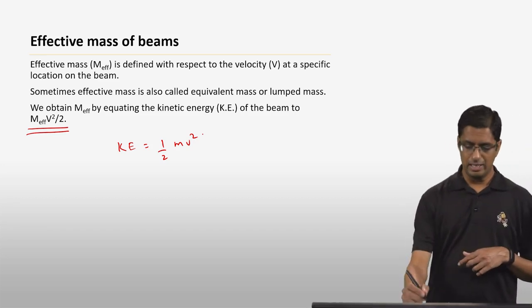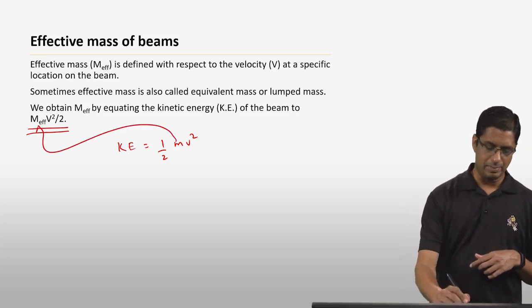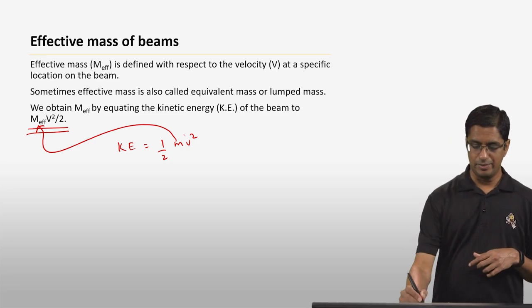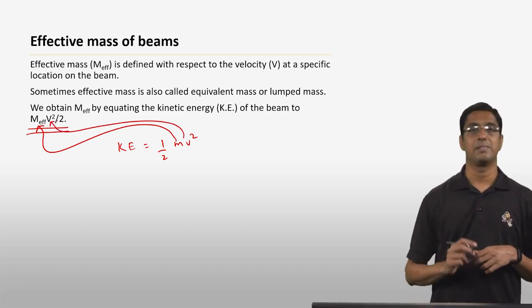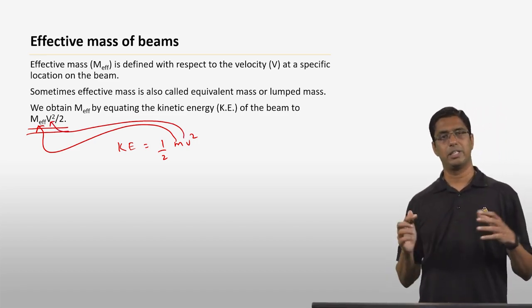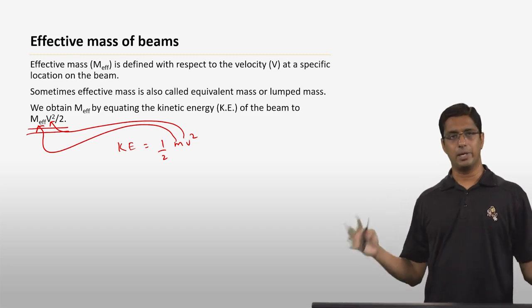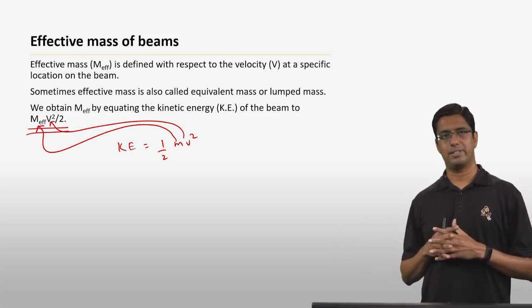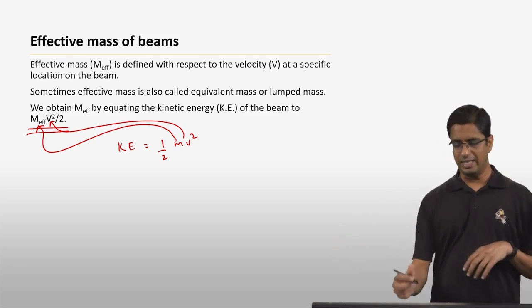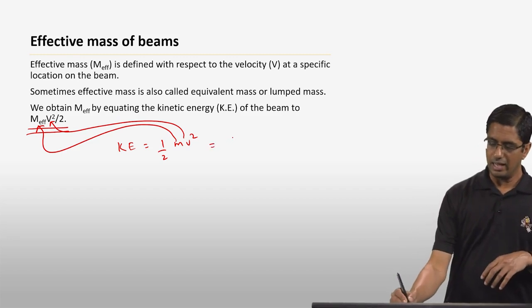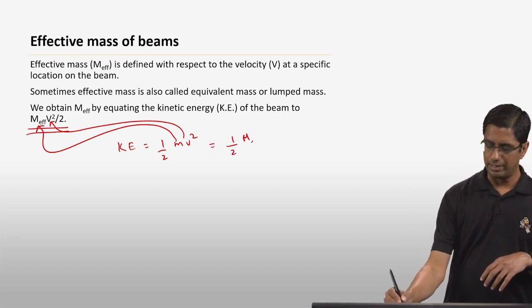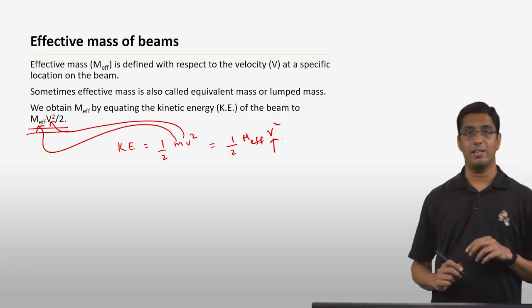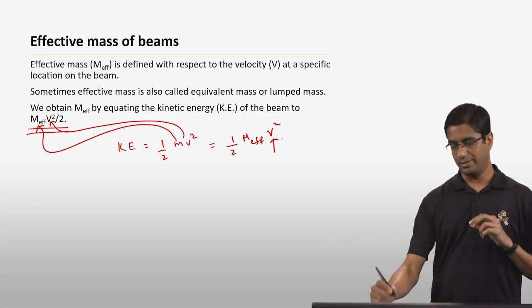So that m is replaced by this m effective, and this v is the velocity at a specific point. Okay, so we find out the total kinetic energy of the structure, and then we equate that to half m effective times v squared, where v is the velocity at a specific location. Okay?